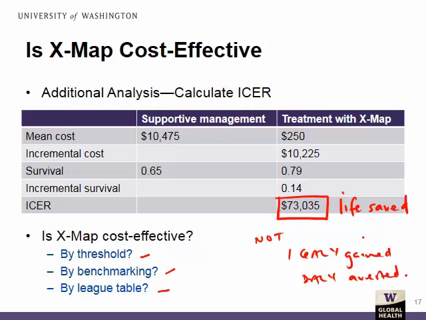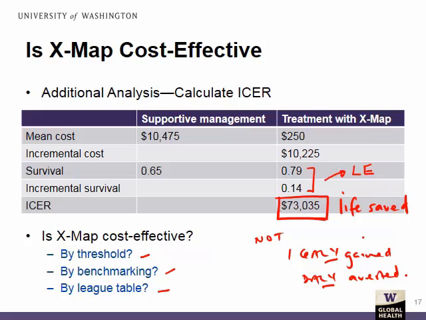Now, if you wanted to convert this amount into per life year saved, to get at even one aspect of the QALY or DALY, you would need to multiply the survival, which we estimated here, by the life expectancy.